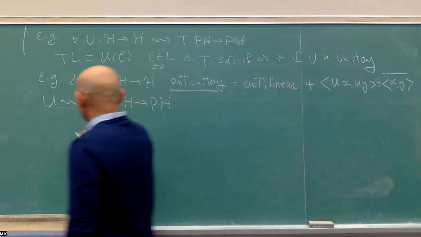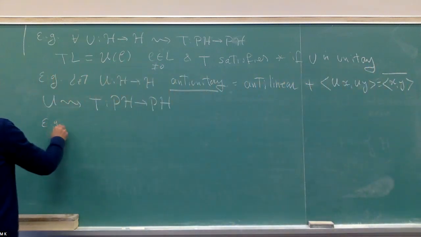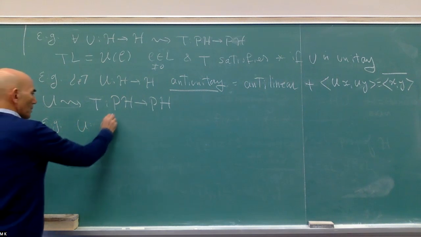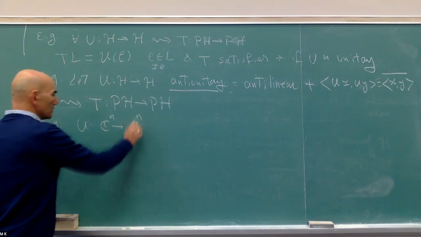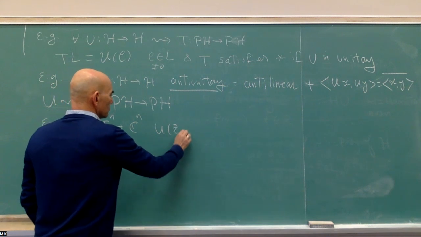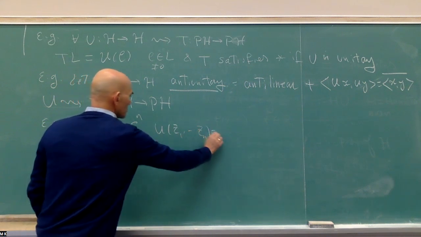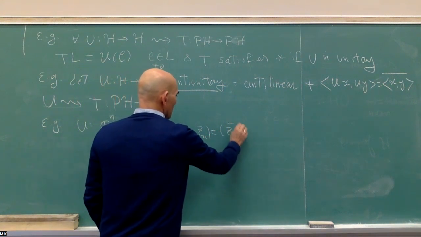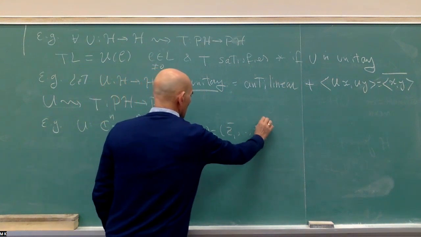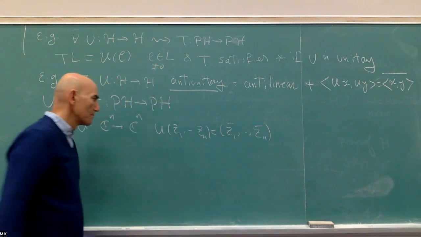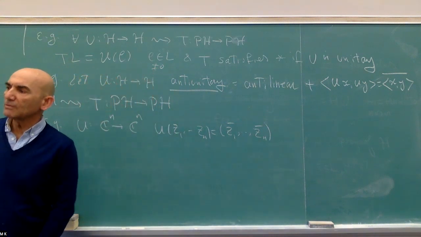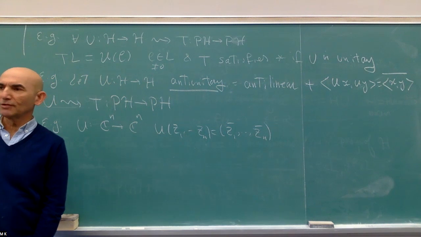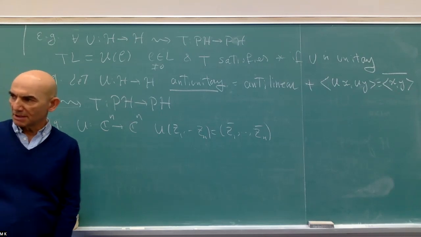So let's look at one example. U from Cn to Cn, you can take U, obviously, that's one thing you can do. You can just complex conjugate these things. But there is one even more interesting example, related to charge conjugation and such.